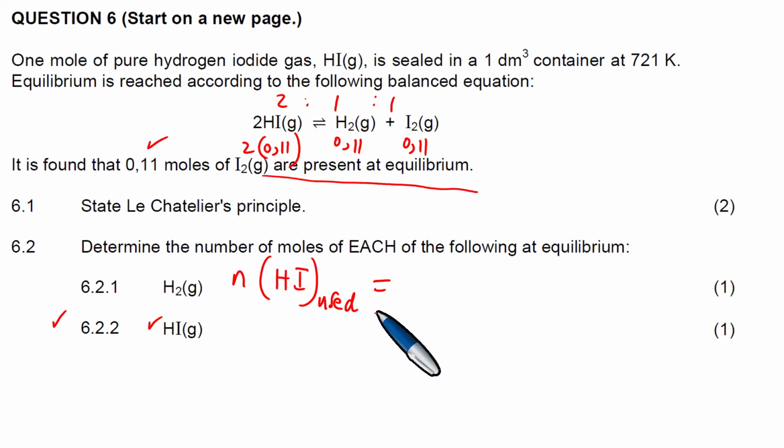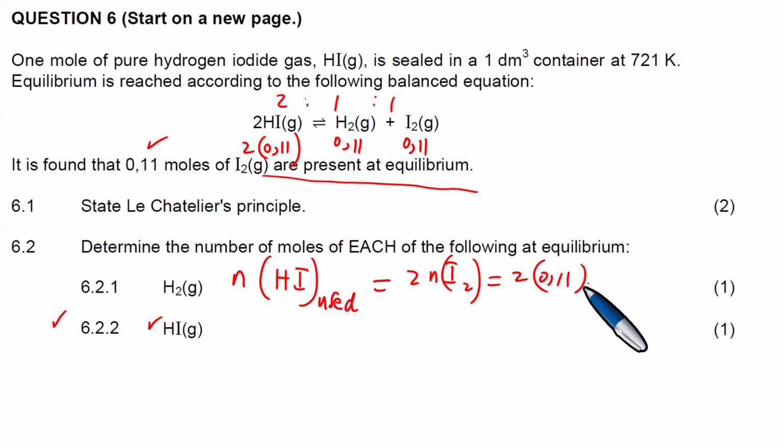So the used hydrogen iodide would be 2 times the number of moles of iodine. They gave us iodine, which means it's 2 times 0.11, and this is actually 0.22.